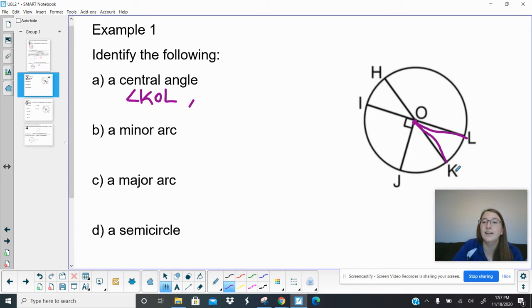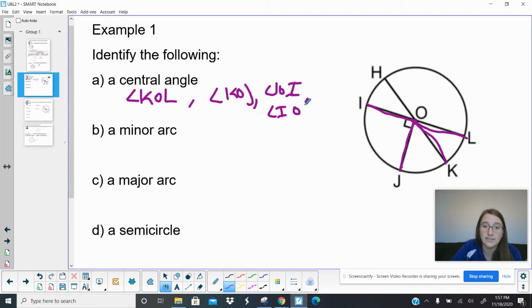Go ahead and give another angle, 3 points, that starts at the center. What's another one? Well, I could have done KOJ. I'm not going to write all of them because there's a ton. I could do JOI, angle JOI. I could do angle IOH.